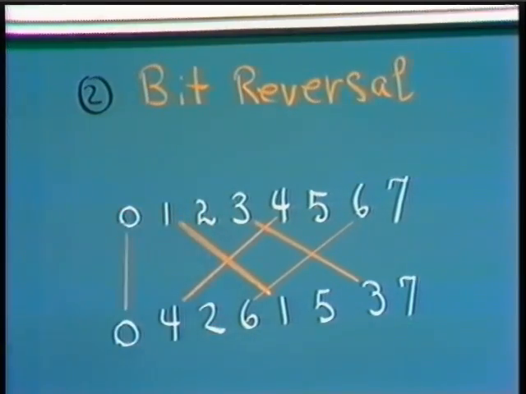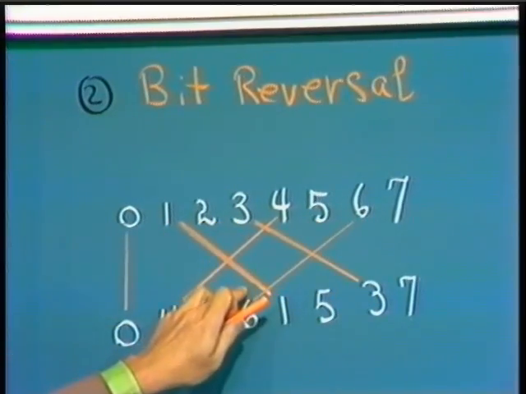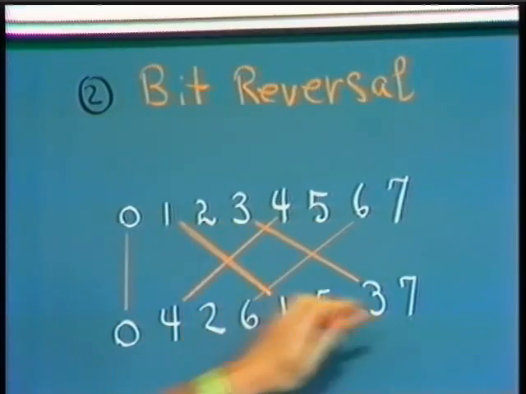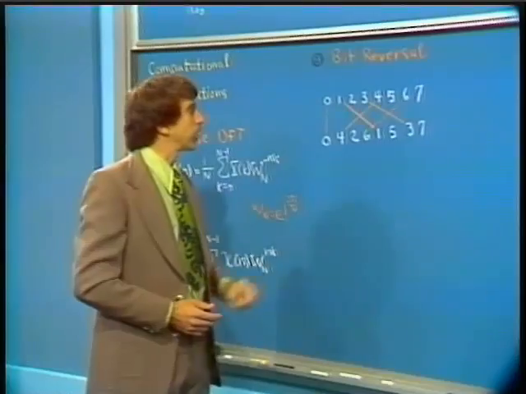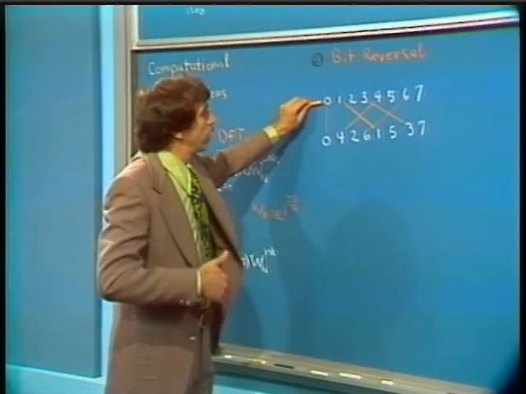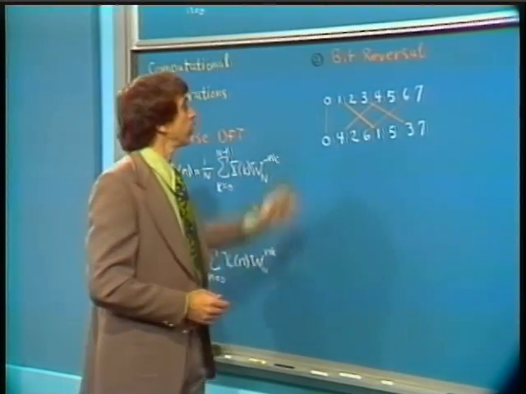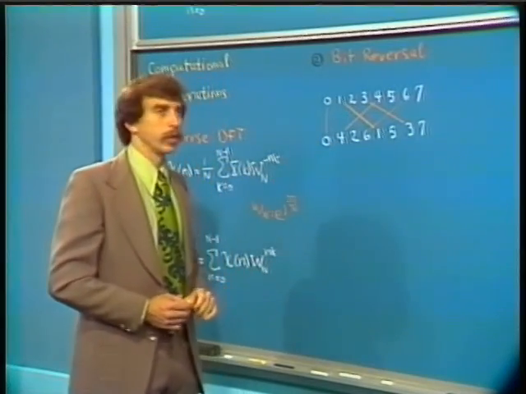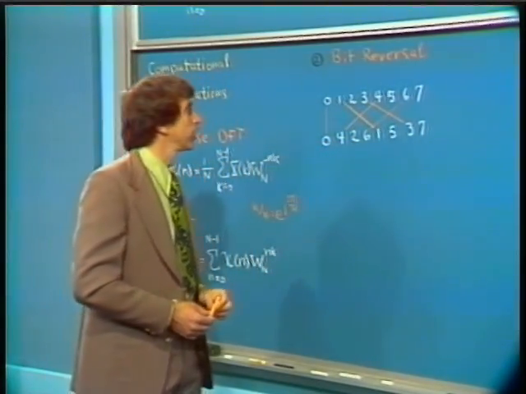Similarly, of course, 2 bit reversed is 2, and so that wouldn't move. 3 bit reversed is 6, but 6 bit reversed is 3. And so again, we can carry out that interchange as an in-place computation. So bit reversal can be implemented in place, and consequently, as we restore the data in bit reversed order, we don't require double the storage, since we can carry that out as an in-place operation.